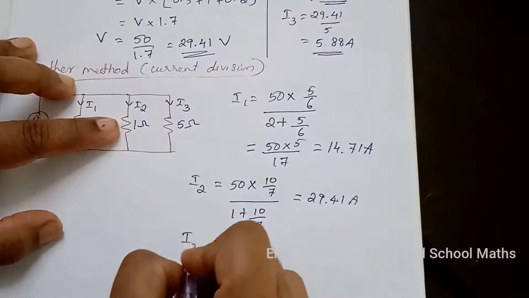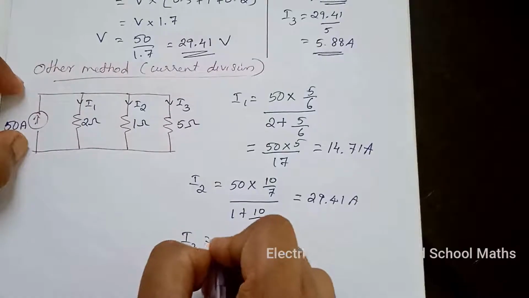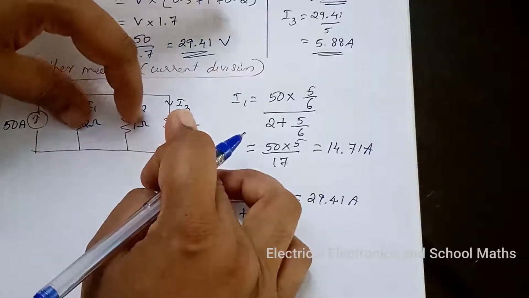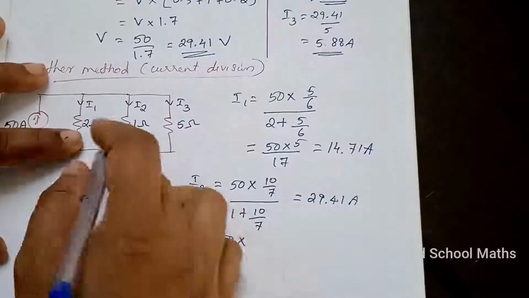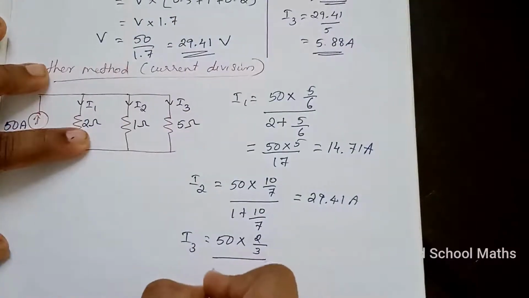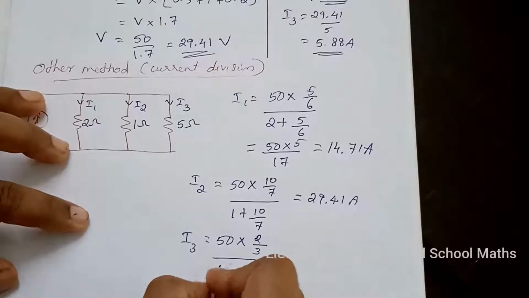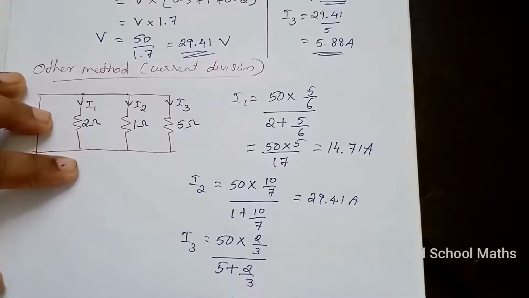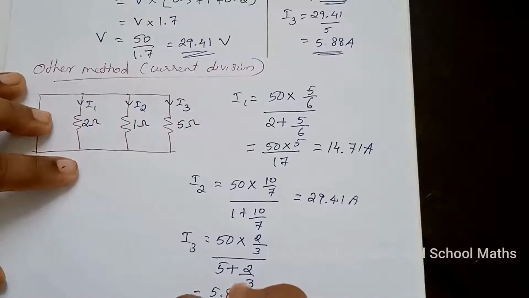Also I3 is total current 50 into resistance through other branches, 2 and 1 are in parallel, that is 2 into 1 by 2 plus 1, which is 2 by 3, divided by total resistance, 5 plus 2 by 3, and the answer is 5.88 ampere.